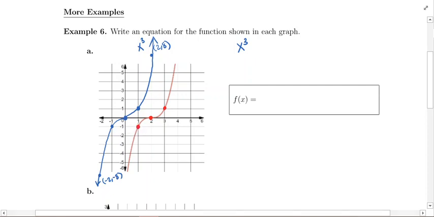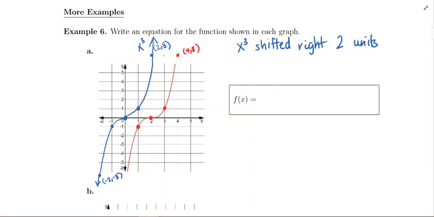So it looks like we've got x cubed being shifted right 2 units. Let me look at a couple of other points. It's kind of hard to tell with 2, 8 and -2, -8 because they're off the grid, but it makes sense that if we took the point at 2, 8 and shifted it over 2 places to the right, it would go over here to 4, 8. So it does seem correct that we take the basic function x cubed and it's just being shifted 2 units to the right.